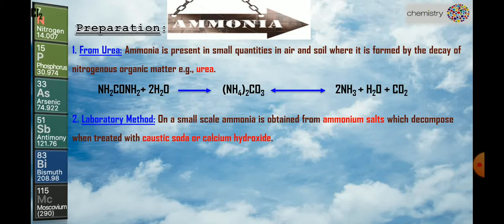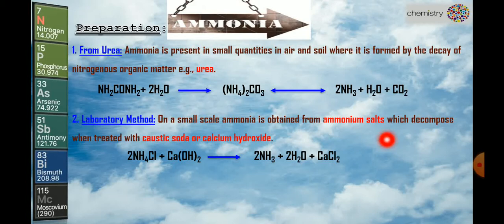We'll see two reactions, two examples for this laboratory method. Look at this reaction. Ammonium salt, for example, 2NH4Cl, ammonium chloride, when it reacts with a base, calcium hydroxide, Ca(OH)2, there is a formation of ammonia along with water and calcium chloride as byproducts.